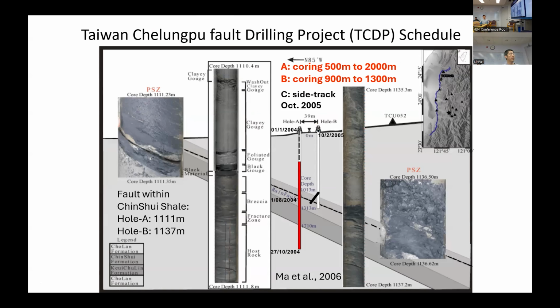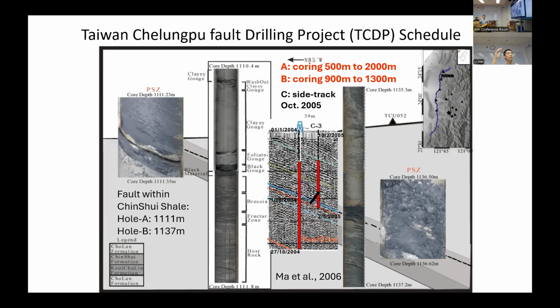We cored from 500 to 2000 meters for hole A, and hole B is 900 to 1300 meters. And within the coring, we observe a very dark gouge layer within the light gray gouge layer. That is a very interesting thing because no other place has found this kind of phenomenon.